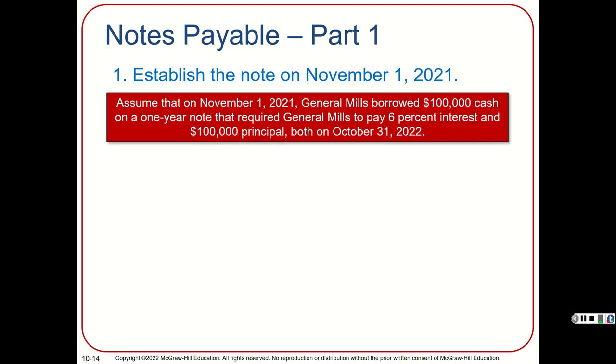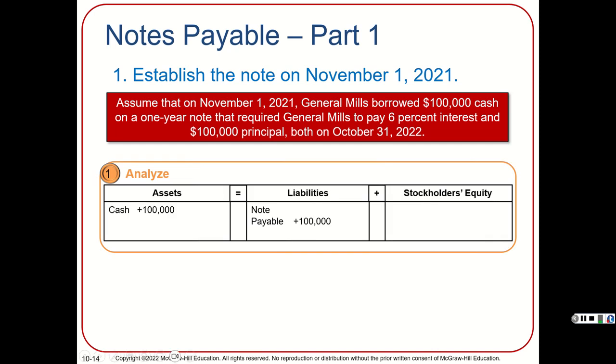Assume that on November 1st, General Mills borrowed $100,000 on a one-year note that required it to pay 6% interest, and both were due on October 31st, 2022. So we got the cash, so our cash increased. We exchanged that cash for a note.